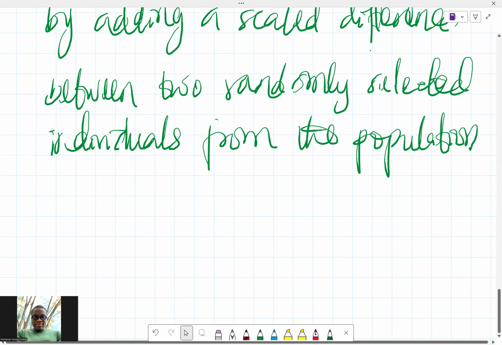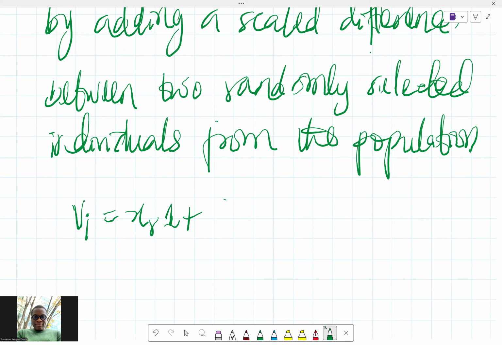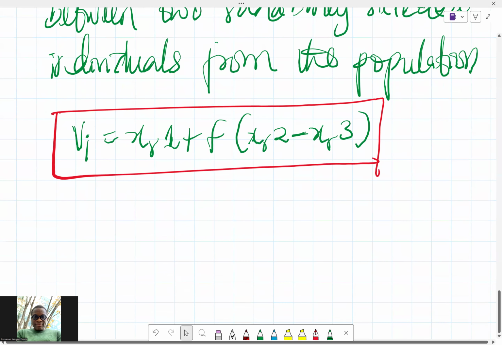Here you have vector vi equals xr1 plus F times (xr2 minus xr3). That is the mutant vector vi. Of course, all the xr are talking about solutions. Maybe xr1 is the first, xr2 second, and so on.